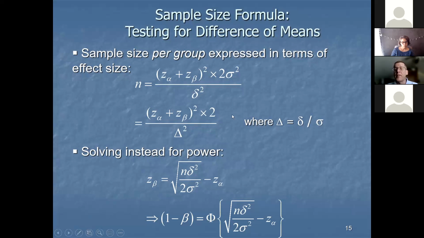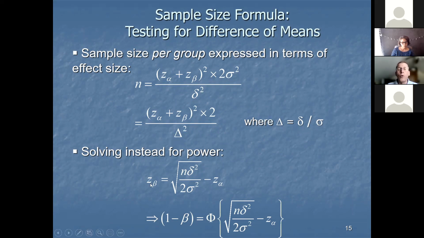For the purposes of this formula, I don't need those values separately. I only need their ratio. So if I'm interested in detecting half a standard deviation, you don't need to tell me delta and sigma separately. You just need to plug in 0.5 into this form of the formula.